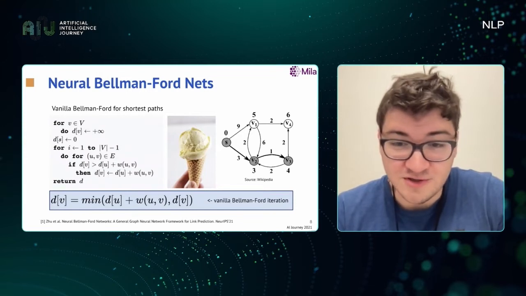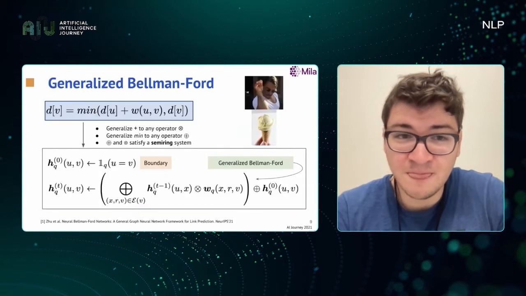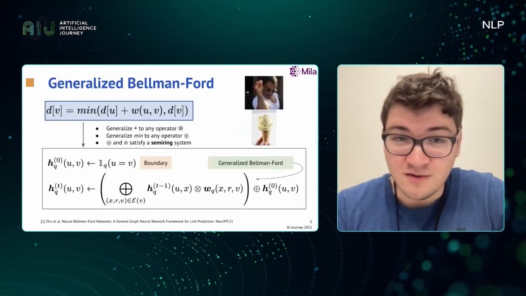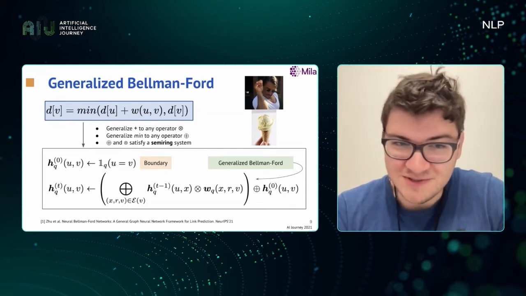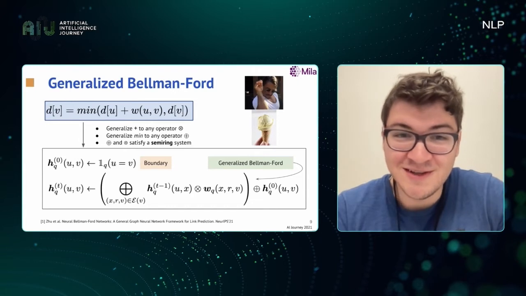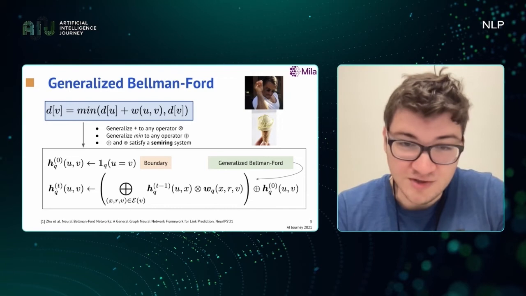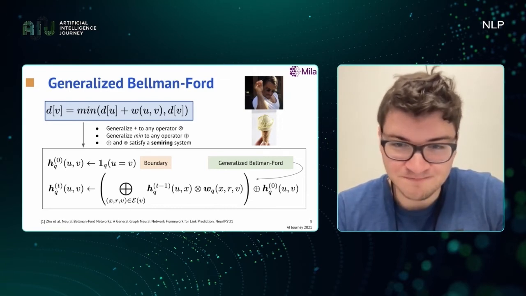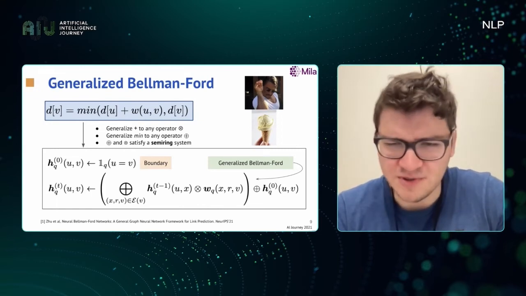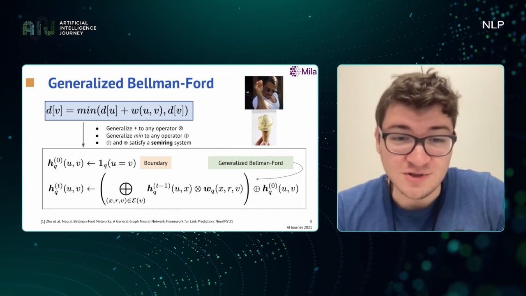The authors of the article came up with an interesting way to generalize these iterations to new operators. It generalizes plus to any operator. We can also change the minimum operator to any operator. However, these two operators have to create a mathematical semiring.